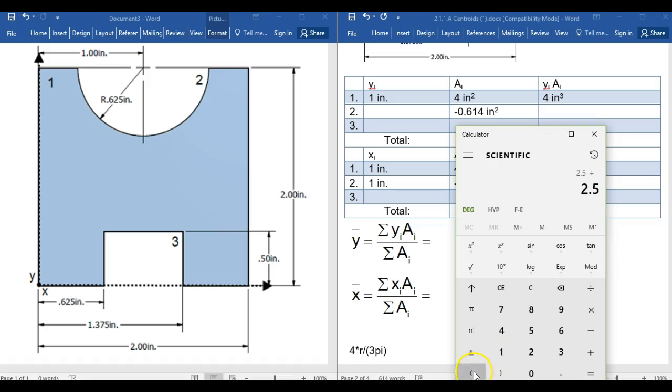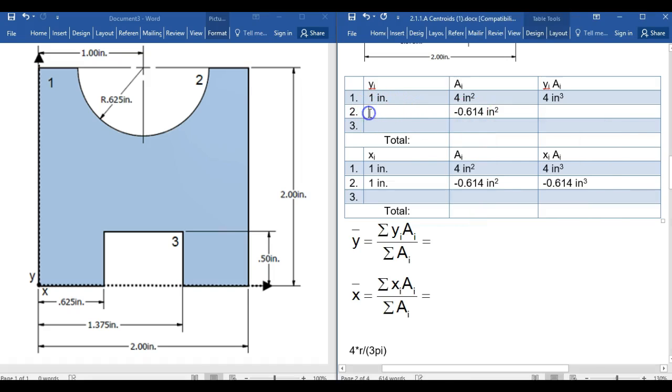So now I have to do divided by 3, and notice I did my parentheses, 3 pi times 3, and I'll close my parentheses there. And I come up with 0.265. So I'm going to put that in here, 0.265.